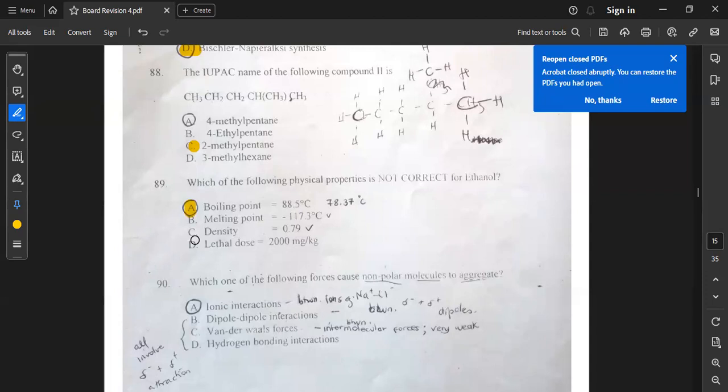So which one would cause nonpolar molecules to aggregate among the choices listed? Black Panther is saying ionic interaction would cause nonpolar molecules to aggregate. I have a question: do nonpolar compounds exhibit ionic interactions?